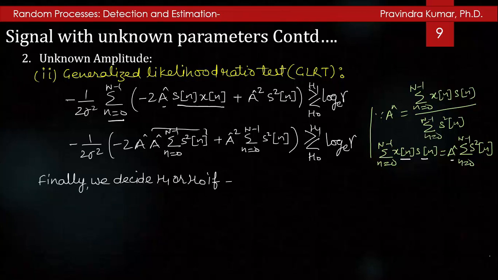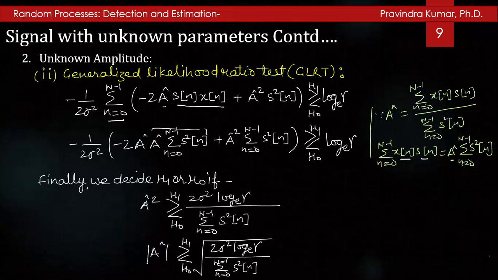So finally we decide H1 or H0 if A hat squared is greater than or less than 2 sigma squared log gamma divided by summation n=0 to N-1 s squared[n], or you can say the magnitude of the estimated value of the unknown amplitude is greater than or less than the square root of 2 sigma squared log gamma divided by summation s squared[n].